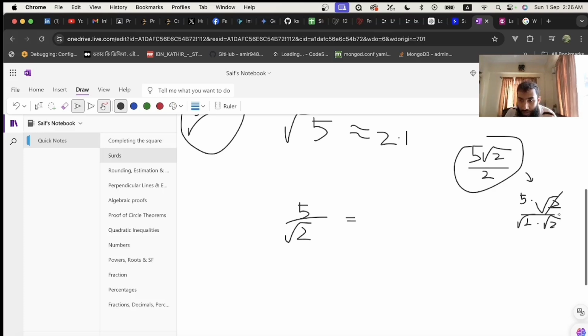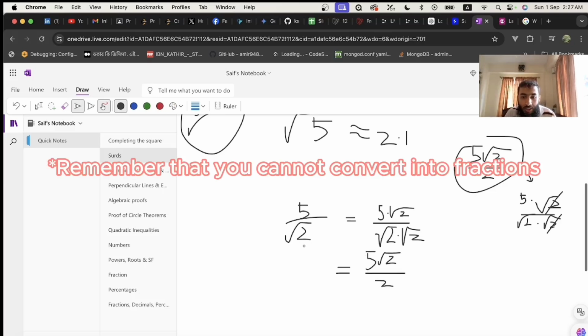So as you can see, we multiply both sides with root 2: 5 multiplied by root 2, over root 2 multiplied by root 2. So we can now denote it as 5 root 2 by 2. So this is how you can express 5 by root 2 as 5 root 2 by 2.